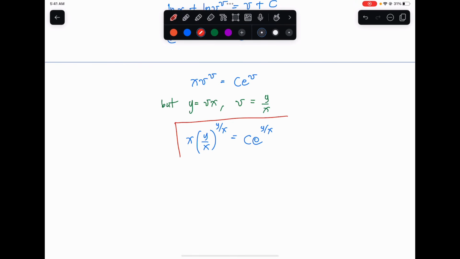So x times (y over x) raised to y over x equals c e raised to v, which is y over x. And we just leave it as is: x times y over x raised to y over x equals c e raised to y over x.